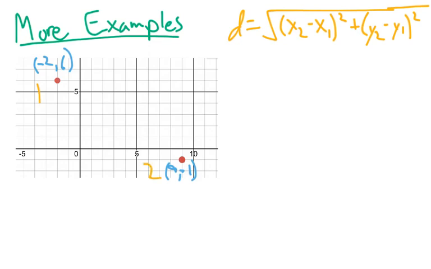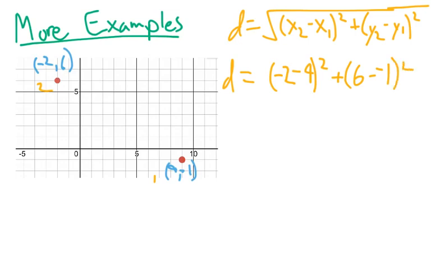Again, it doesn't matter which one you pick, just to prove it, let's mix it up. 2, 1, doesn't matter. All right, d equals, and then here, let's go with negative 2 minus 9 squared, plus, and then y2 is going to be 6 minus negative 1, squared, and then we'll take the square root of all of that.